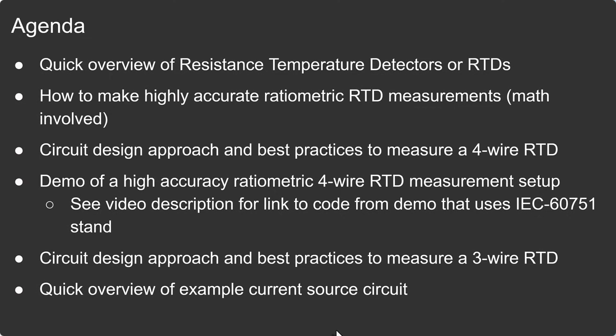And then we'll look at a demo of that configuration in action so you can see how accurate it is. Then we'll also look at a 3-wire RTD configuration with this type of circuit. And then we'll close by looking at an example current source circuit. Current sources are key to this measurement approach, so we're going to look briefly at what a circuit for a current source looks like.